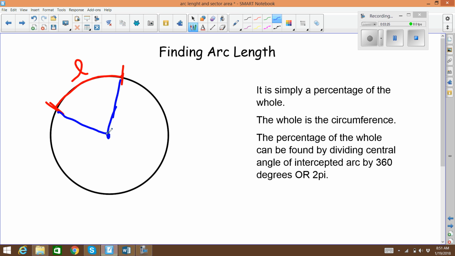The central angle reaches out and grabs the side of the circle, and that's called an intercepted arc. Again, you may remember this from geometry. So we could figure out the percentage of the arc just by figuring out the percentage of the circle we've traversed. How many out of 360 degrees, or how many out of 2 pi have we gone?